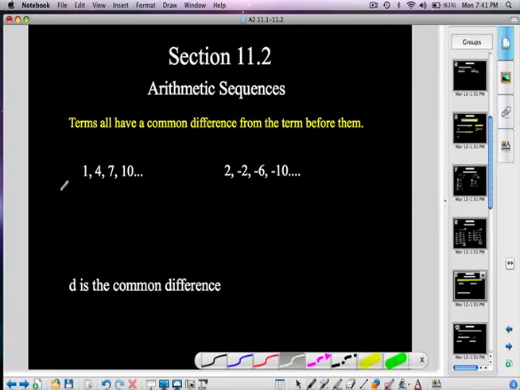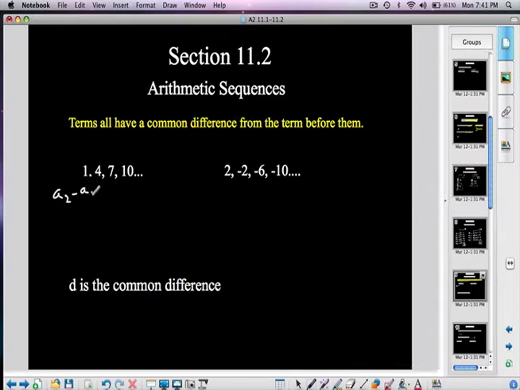So what we're going to look at is a sub 2 minus a sub 1, which will tell me the difference between the second term and the first term. And a sub 3 minus a sub 2 will tell me the difference between the third term and the second term. Likewise, a sub 4 minus a sub 3. This is how I'm going to find the common difference.